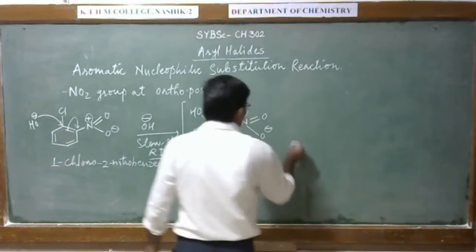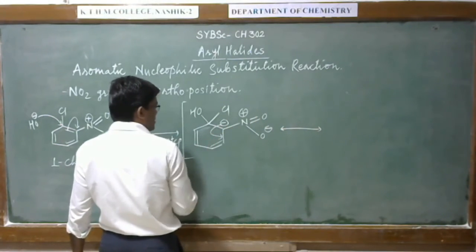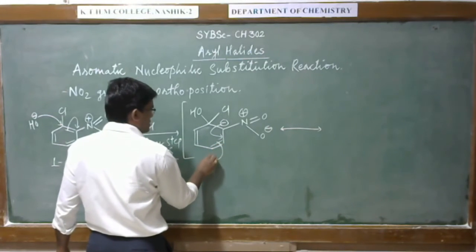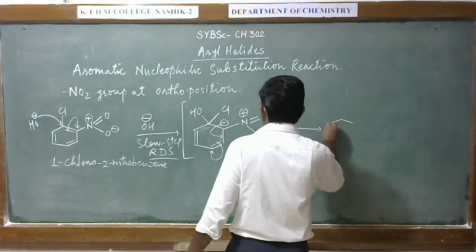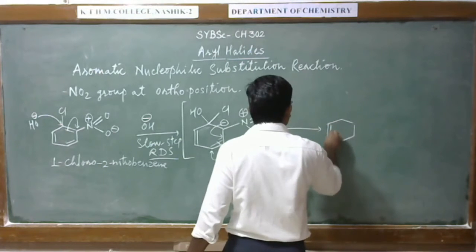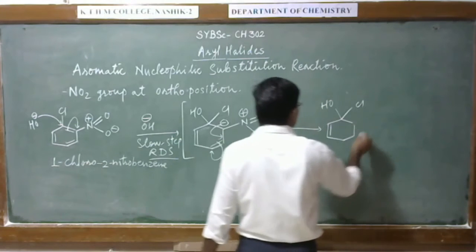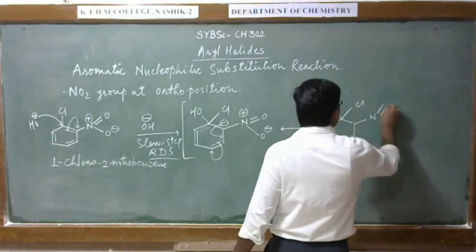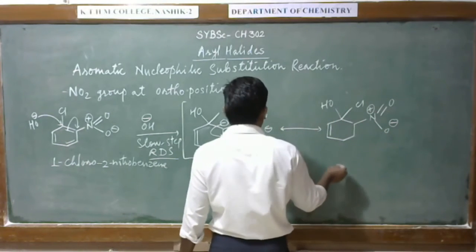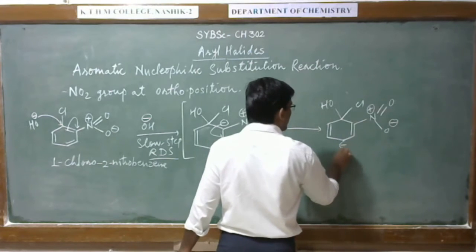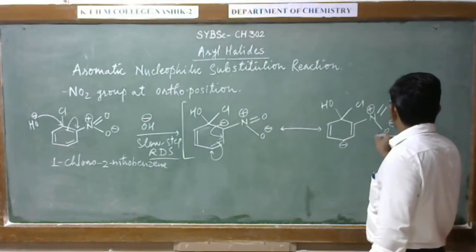Then in the next resonating form, this charge will restore over here and this bond will break like this again. This is one more resonating structure.